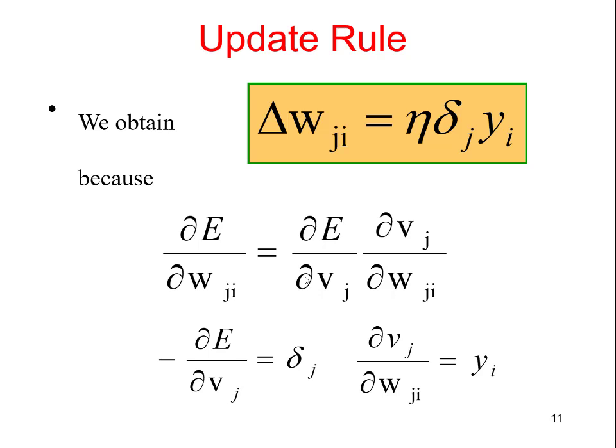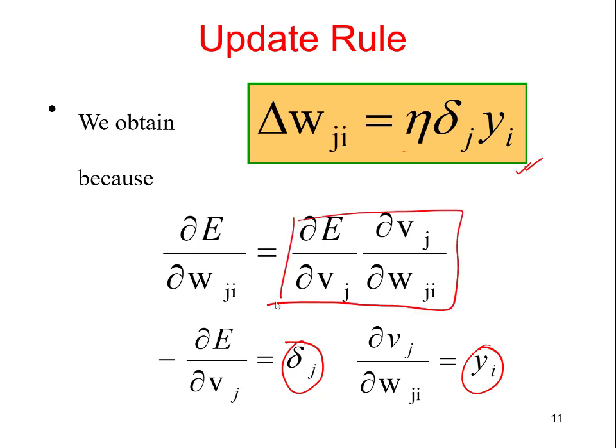So let's consider the update rule. Here it is depicted how delta Vj by delta Wji is yi and delta E by delta Vj is delta J, and we can replace this, and how the chain rule can be defined. Here it is explained with clarity.